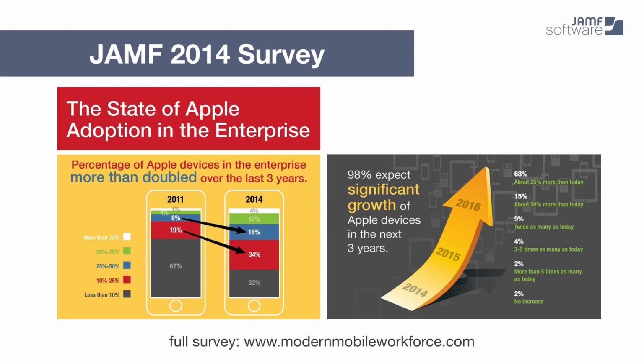We are already seeing this happen as more and more organizations are deciding to deploy Apple products. These two stats really show us that the enterprise is not only considering Apple, but they're actually deploying large quantities of hardware. If you'd like to see this full report, by the way, check out the link that's listed below there.